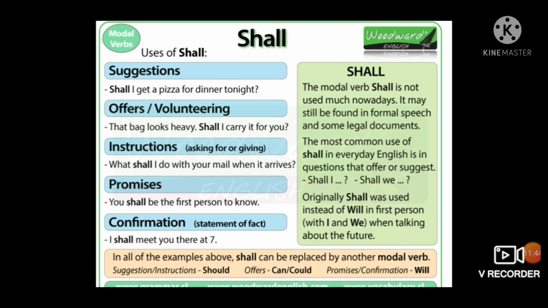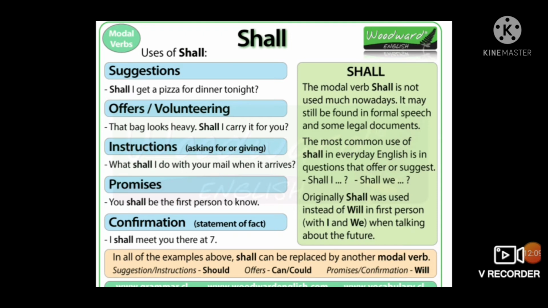We can use shall while asking for or giving instruction. Then, what shall I do with your mail when it arrives? So, that is a proper instruction here. Then, promises.